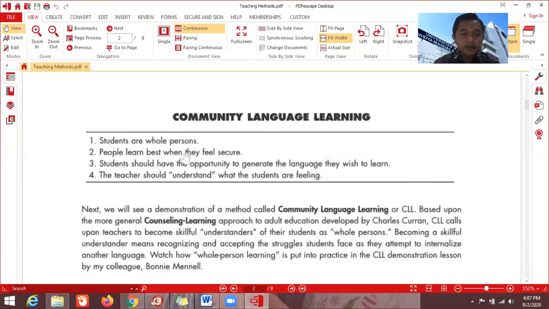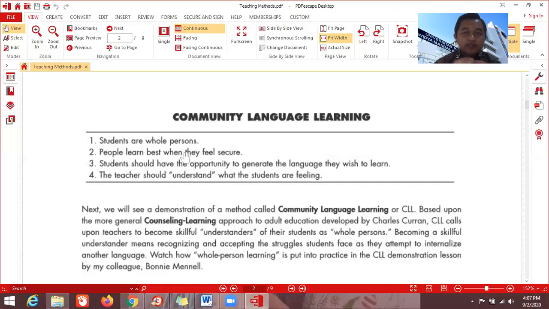Secondly, people learn best when they feel secure. As I told you earlier, the feeling of security, the feeling of being accepted, being addressed as a complete individual, not only an individual that needs to be given things. You need to learn simple present tense, simple past tense, present perfect, past perfect, future perfect tense, future perfect continuous tense, and so on and so forth.